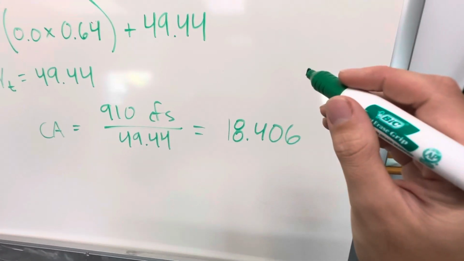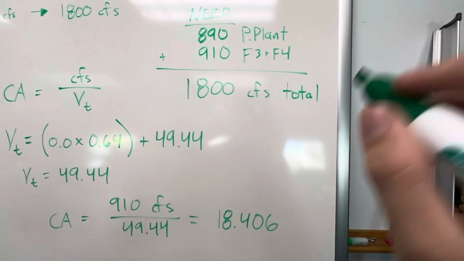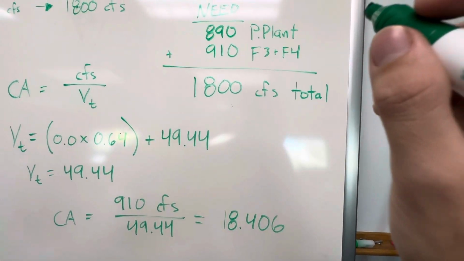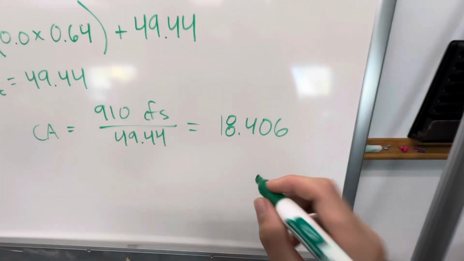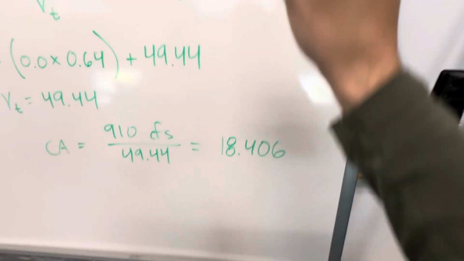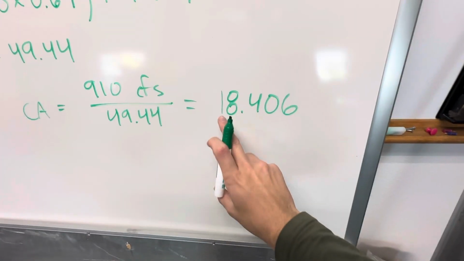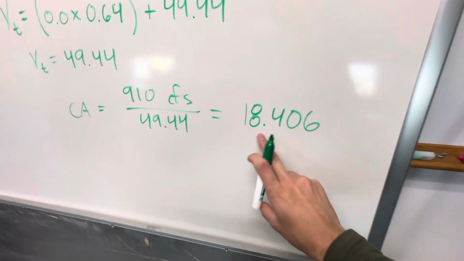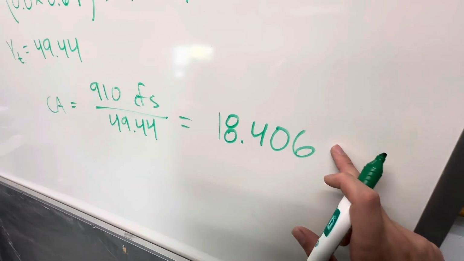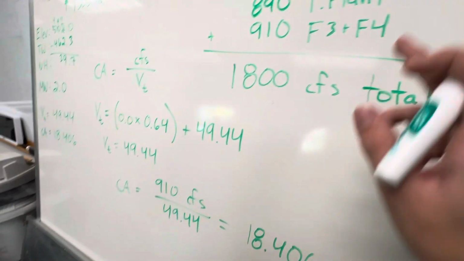So I'll do an example of one and an example of both. We'll start with running one valve, just F3. I'm going to look for this whole number, because I don't have to divide it by anything; all of the calculated area is being run on one valve, 18.406.